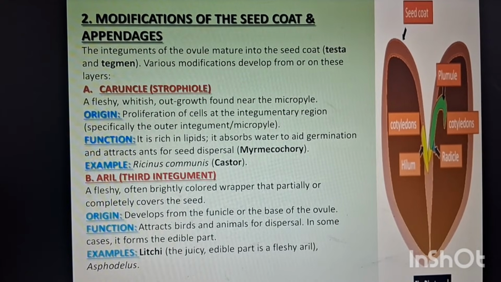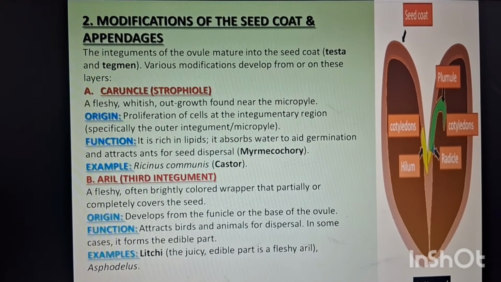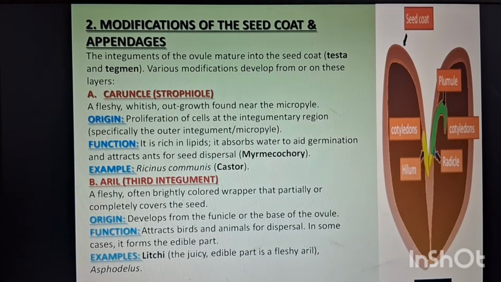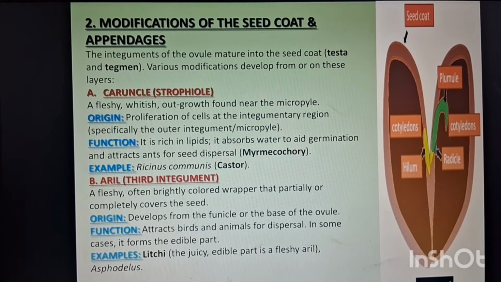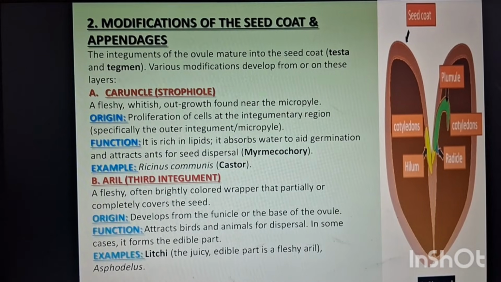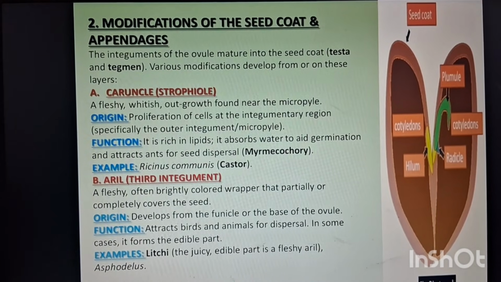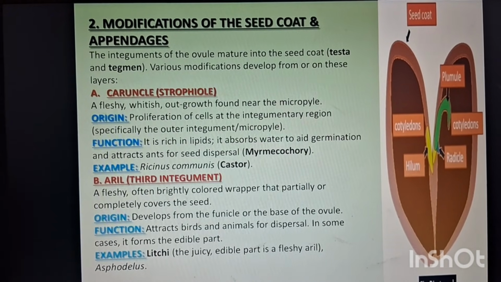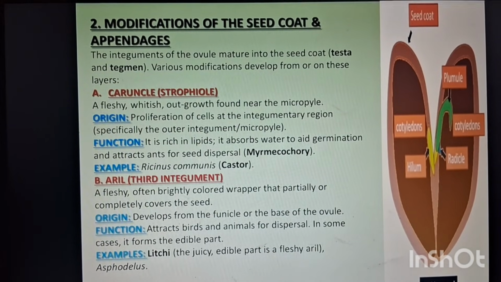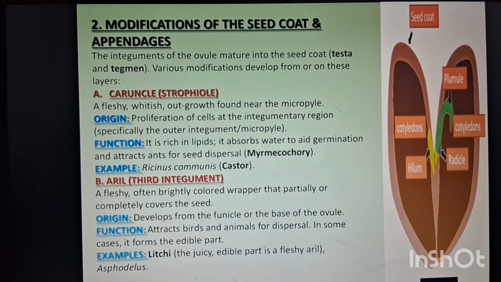Origin, proliferation of cells at the integumentary region, specifically the outer integument near the micropyle. Function, it is rich in lipids. It absorbs water to aid germination and attracts ants for seed dispersal, that is myrmecochory. Example, Ricinus communis, that is castor.